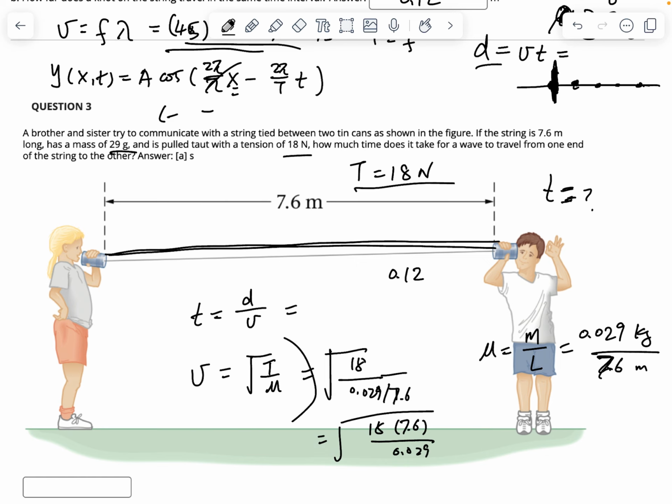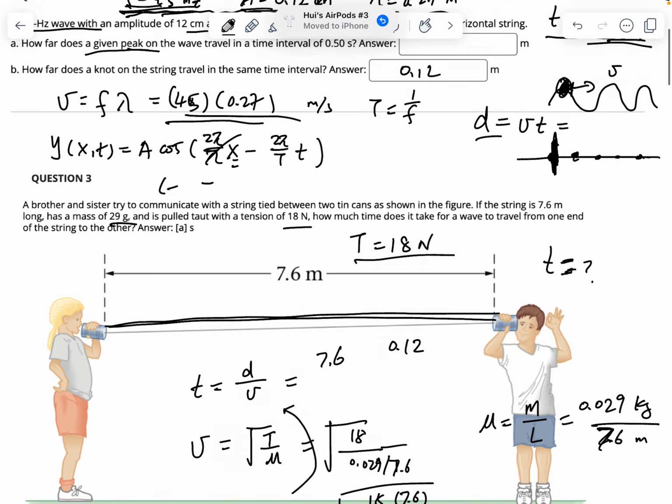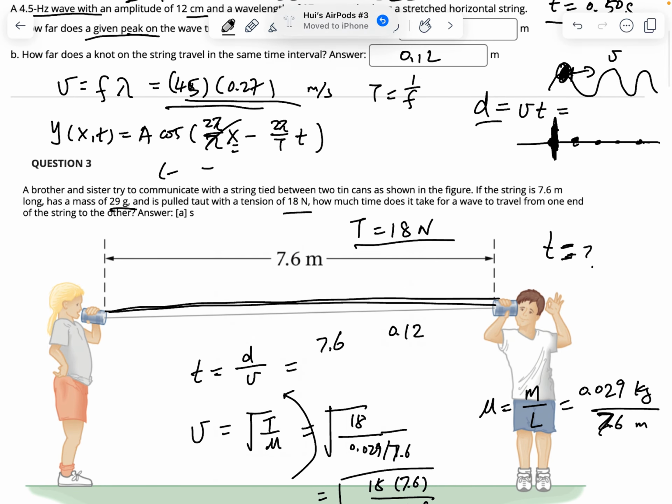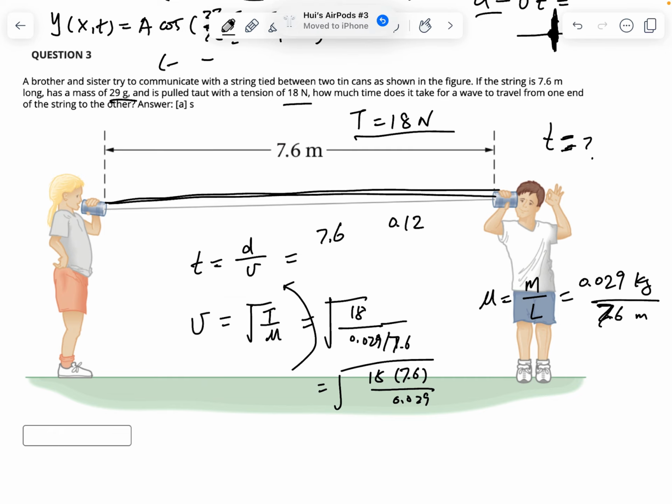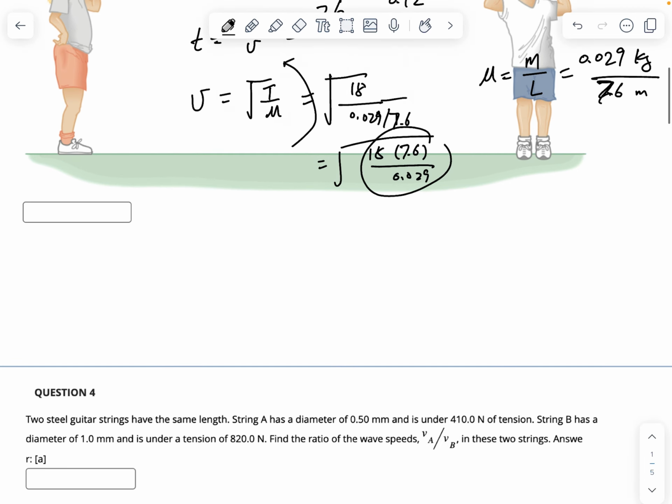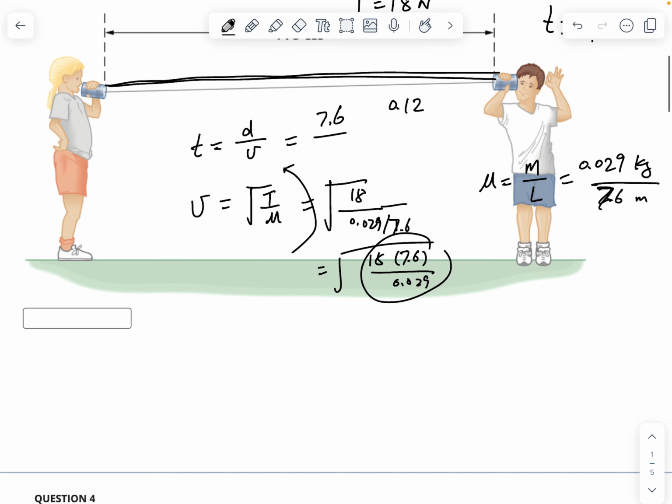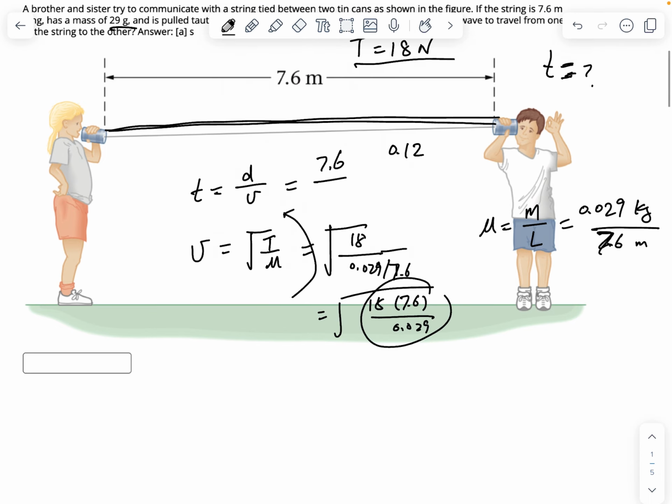And then you plug into, right? 7.6 divided by speed, right? Divided by the thing. Okay, so this will be the answer. Whatever answer it is. Okay, so that's how far travel. How long it take? Just put it here.